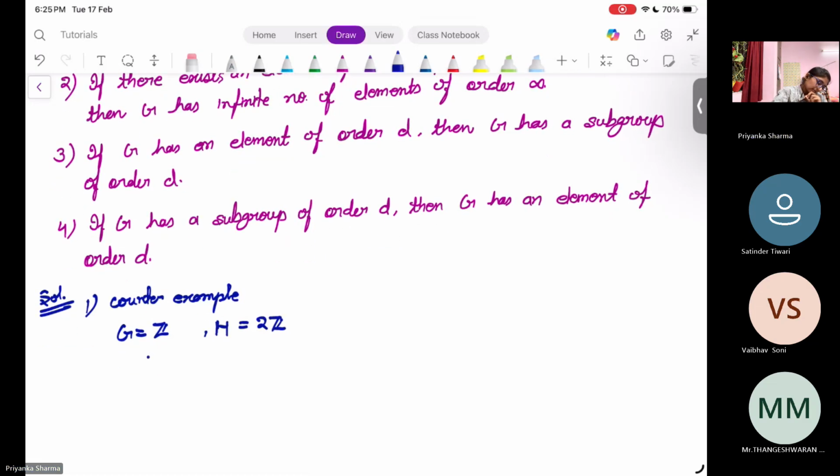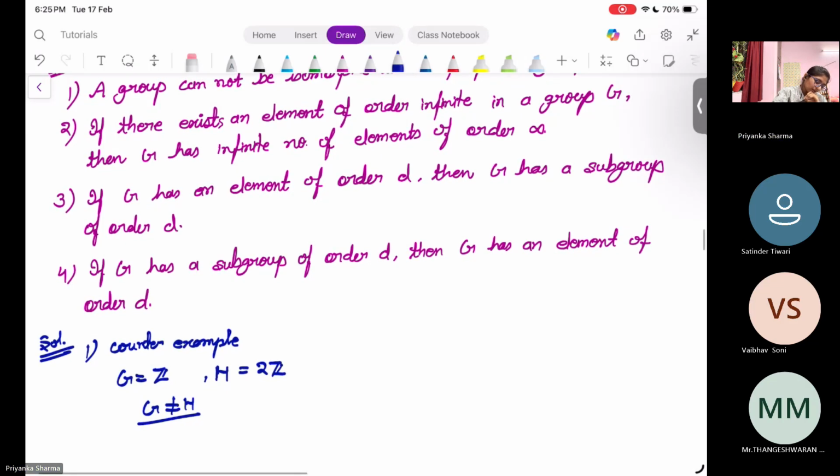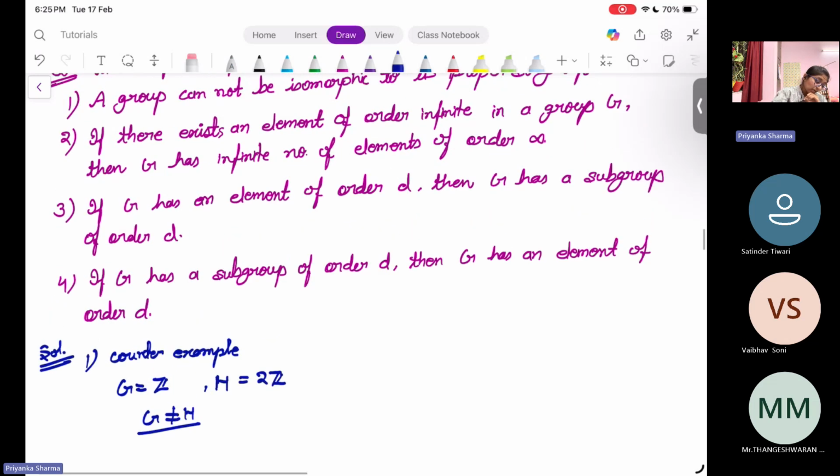Clearly, G and H are not exactly the same. H is a proper subgroup of G because there are odd integers in G as well.